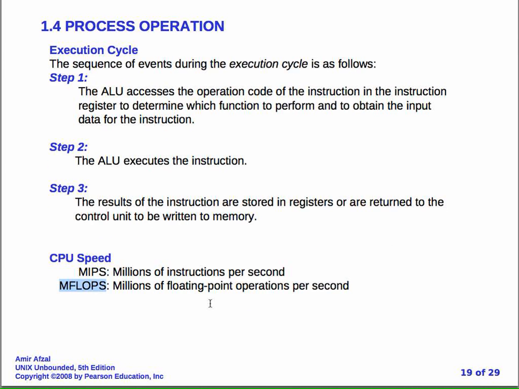And that usually gives you a better idea of how much work a CPU is doing. The millions of instructions might not give you as much of an indication, but if you have to do a lot of number crunching, the megaflop number tells you roughly how powerful the CPU is, gives you a better idea.